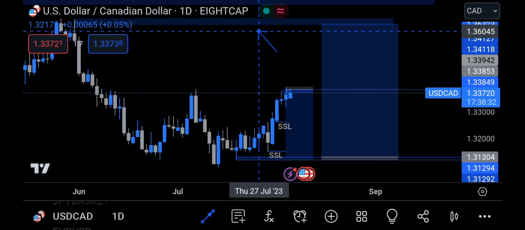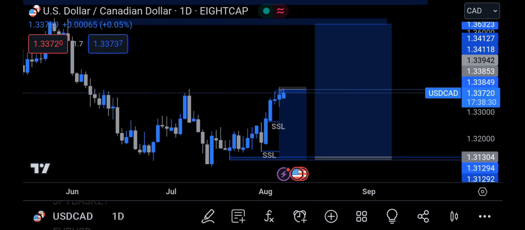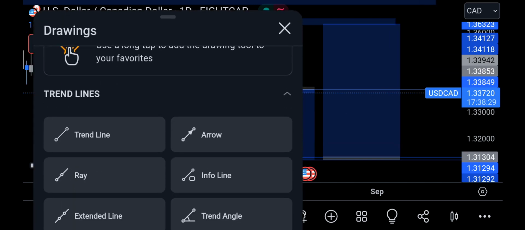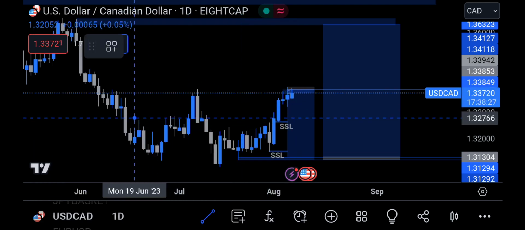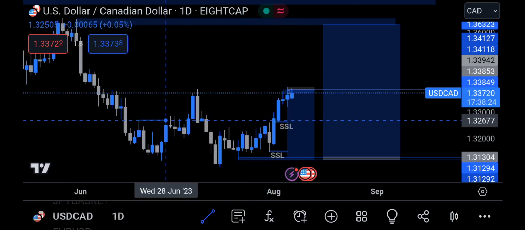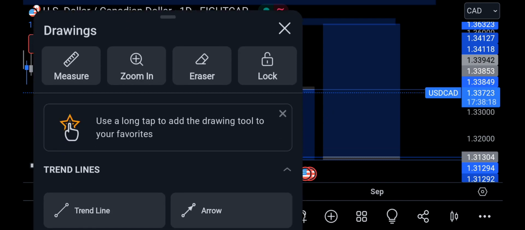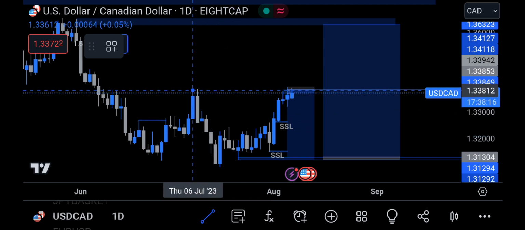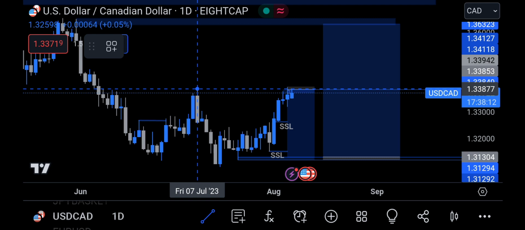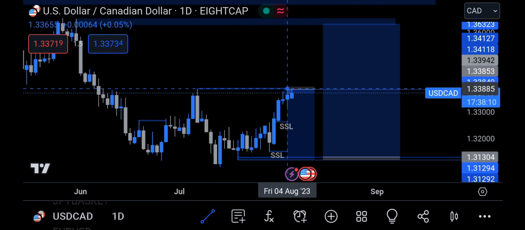Now if we watch carefully, we had a ridge, that's a change of character here, and at the moment this highs has been taken as well.